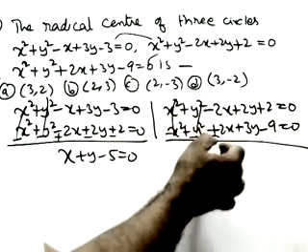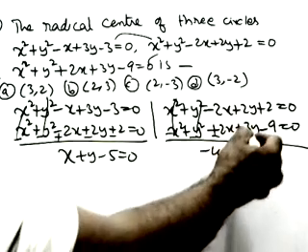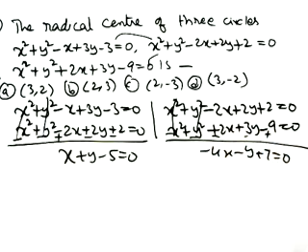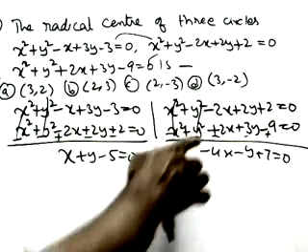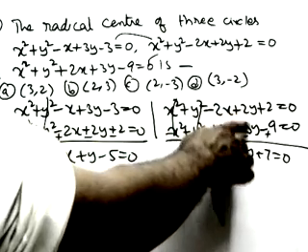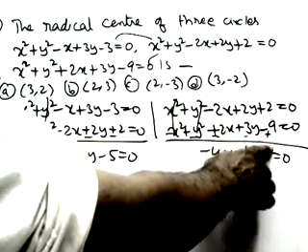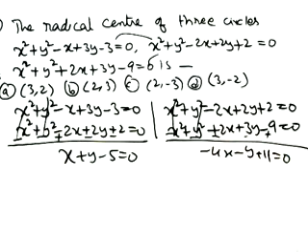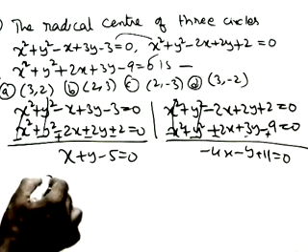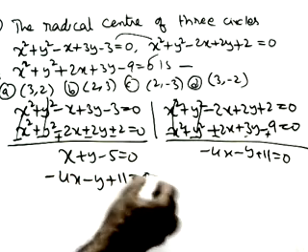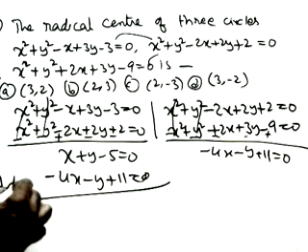In the same way, let me solve this one. Minus minus minus, you get cancelled. Minus 4x minus y plus 7 equals minus 4x, 2 minus 3 is minus y, plus 9, plus 9 plus 2 plus 11. I'm writing here minus 4x minus y plus 11 equals to 0.